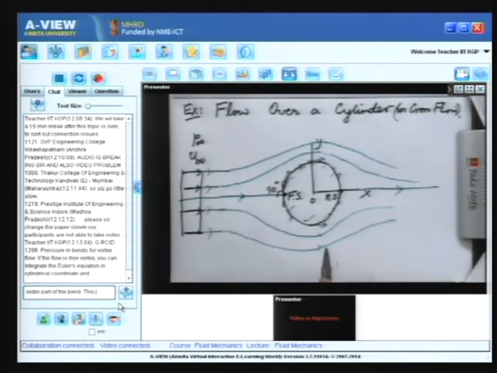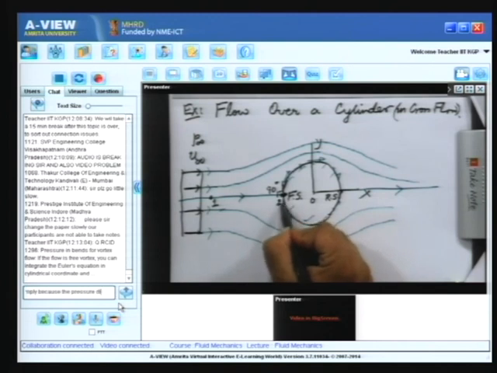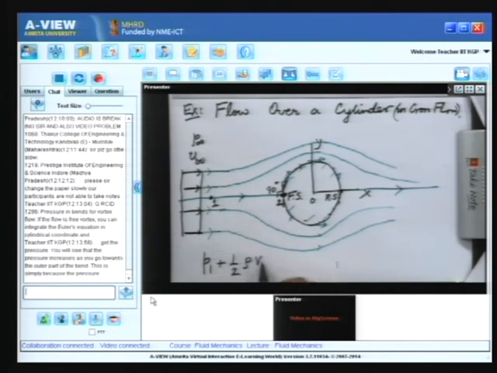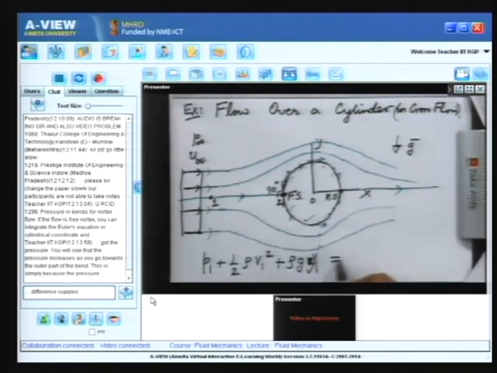Now, suppose I apply Bernoulli's equation, say between a point 1 over here and this point which I call 2, then you are going to have P 1 plus half rho V 1 squared plus rho g z 1, sorry, this will be now y 1, because if I take it to be a horizontal cylinder with g downwards, equal to P 2 plus half rho V 2 squared plus rho g y 2.